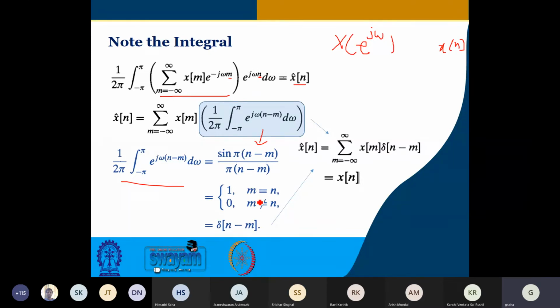Here, remember, m and n are all integer values. This is not t. These are integers. So when m is equal to n, this is 1, and for m not equal to n, since these are integers, this is 0.